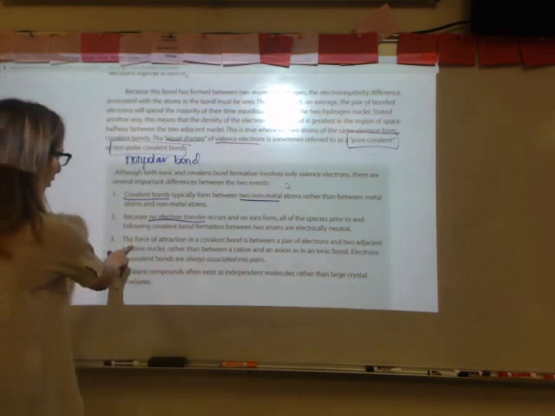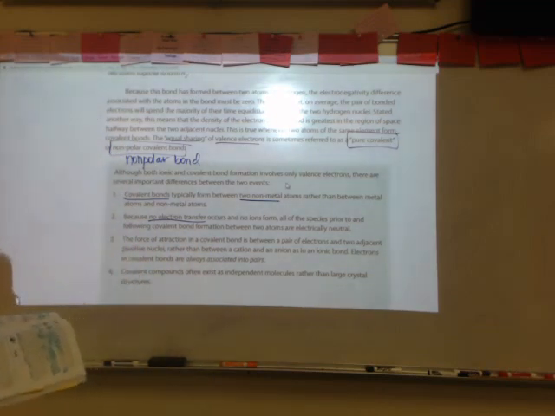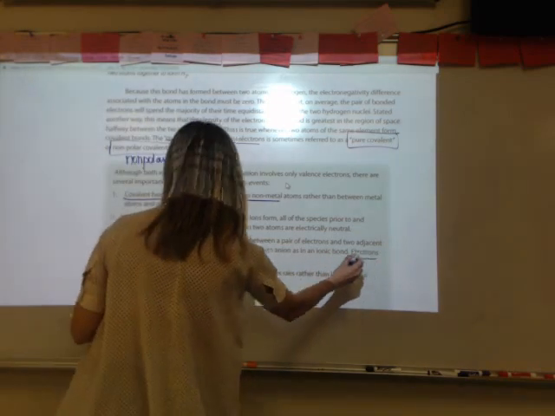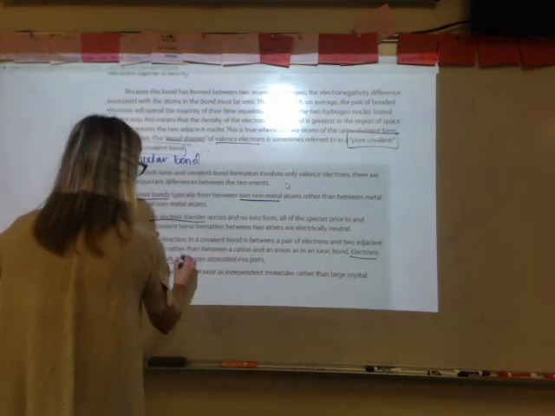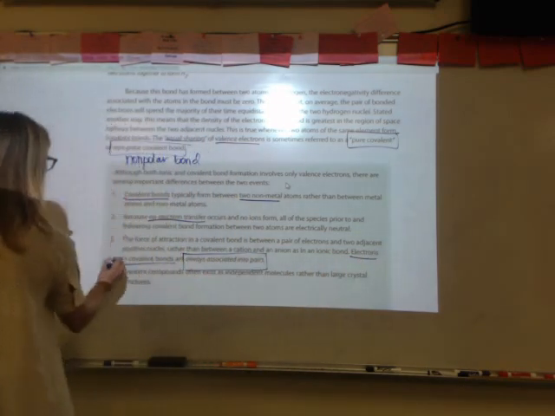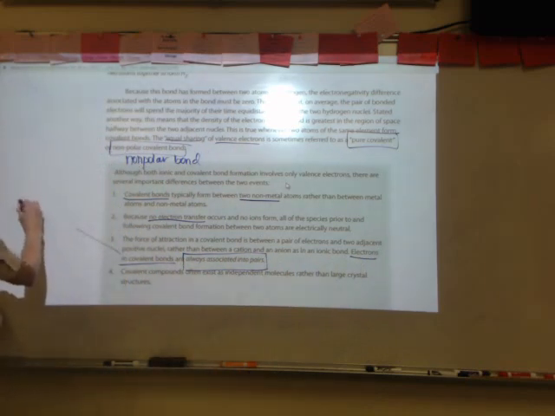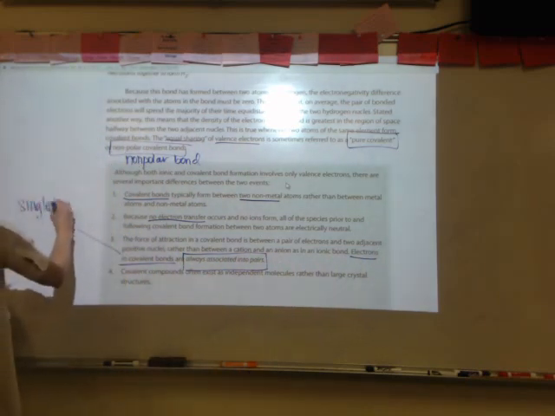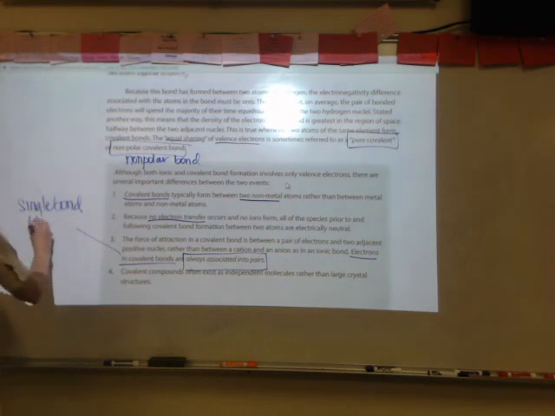The force of attraction in a covalent bond is between a pair of electrons and the two adjacent positive nuclei. It's not between a cation and an anion. Electrons in covalent bonds are always associated in pairs.